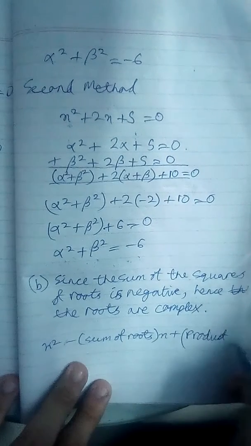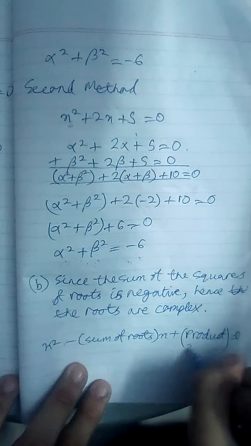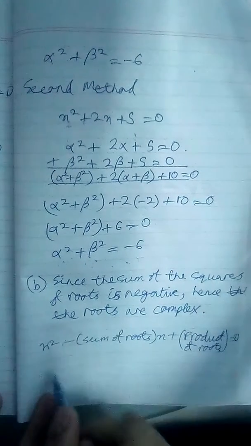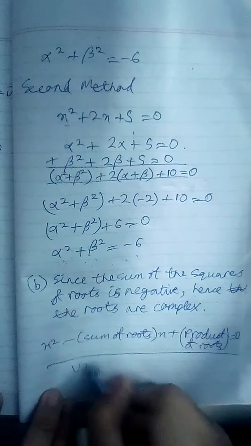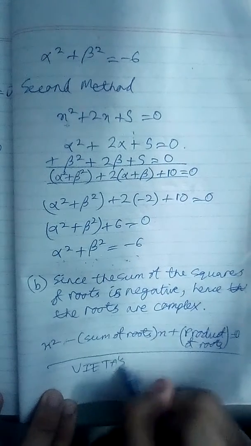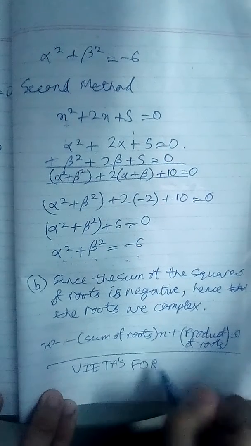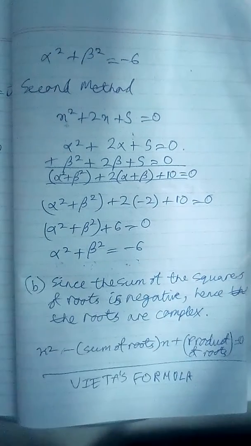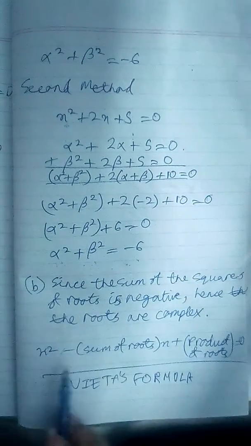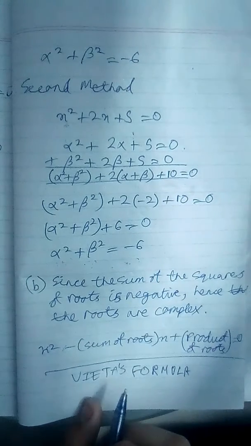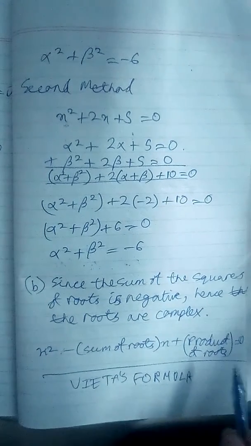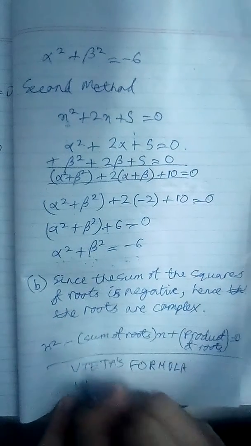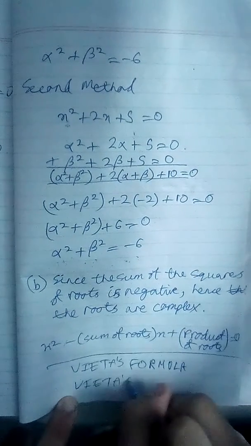This formula is known as Vieta's formula. And the theorem that the sum of roots is equal to negative b and the product of roots is equal to the constant, that's known as Vieta's theorem.